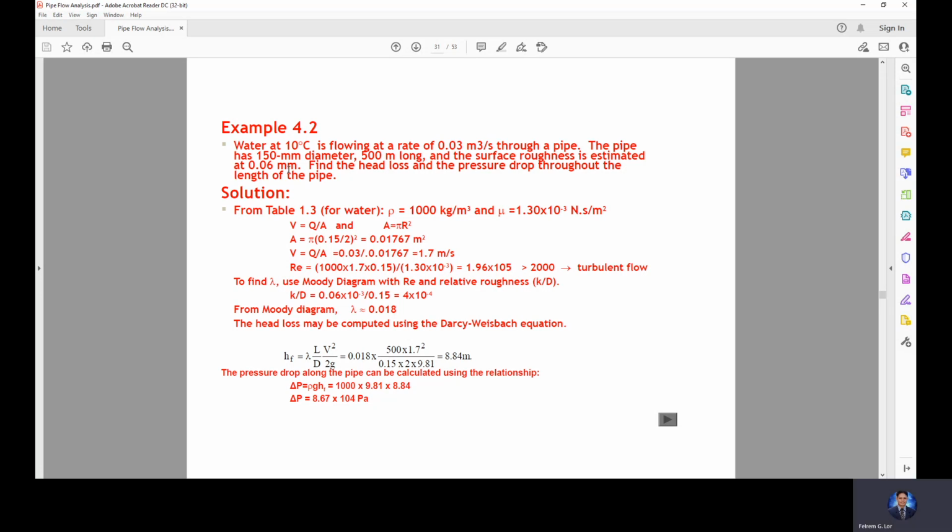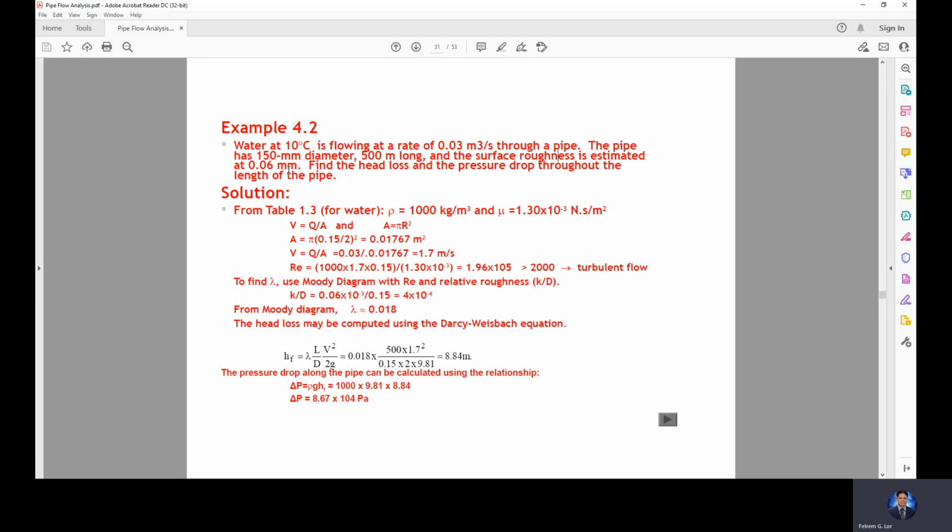Okay, since the temperature is given, we have a table for the density. Density is 1,000 kg per cubic meter. Dynamic viscosity is 1.3 times 10 to the negative 3 Newton second per square meter.